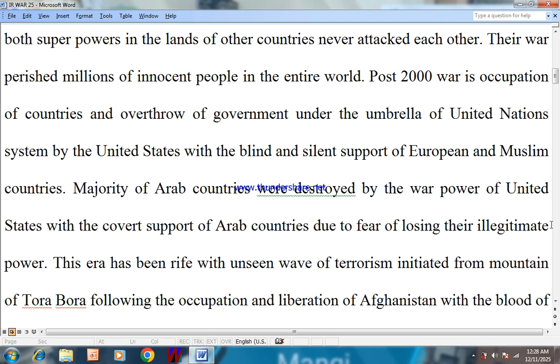Post-2000 war is an occupation of countries and overthrow of governments under the umbrella of the United Nations system by the United States with the blind and silent support of European and Muslim countries.